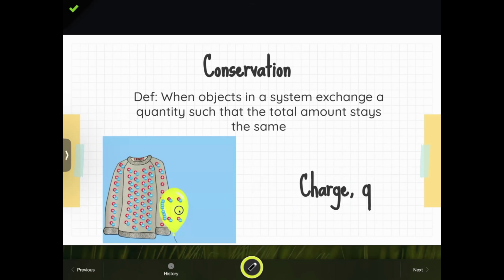You've probably seen it before with charge, too. When the balloon rubs on the sweater, electrons move from the sweater to the balloon, so the balloon gains electrons and might become negatively charged. And the sweater loses electrons, becoming positively charged.